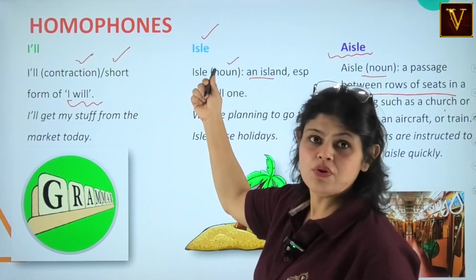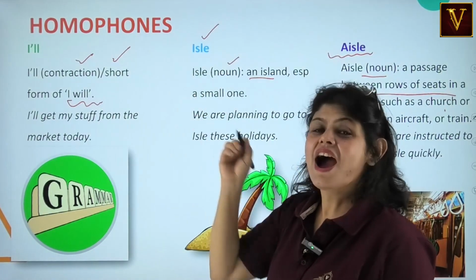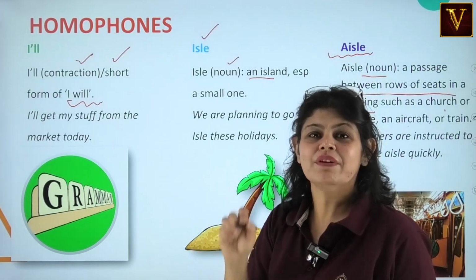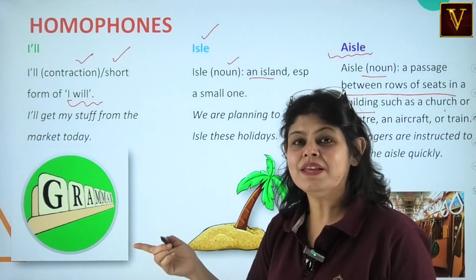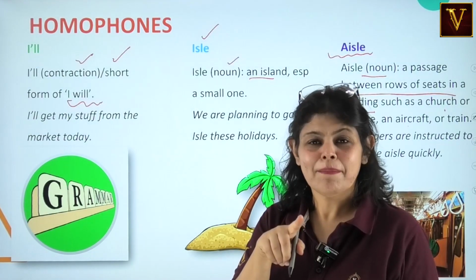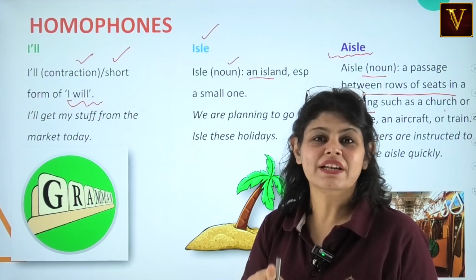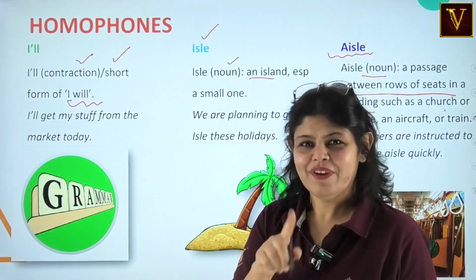This isle is not the contraction. This is I-S-L-E, and when we talk about I-S-L-E, we mean a place which is very small, particularly an island. Very good.